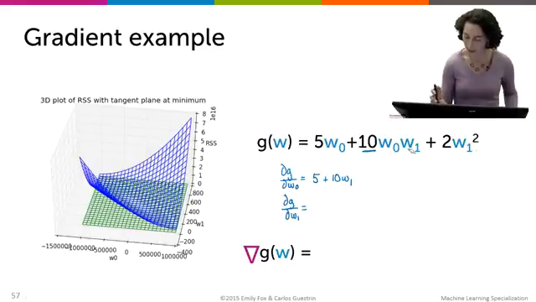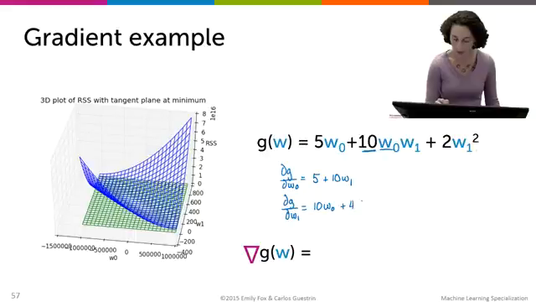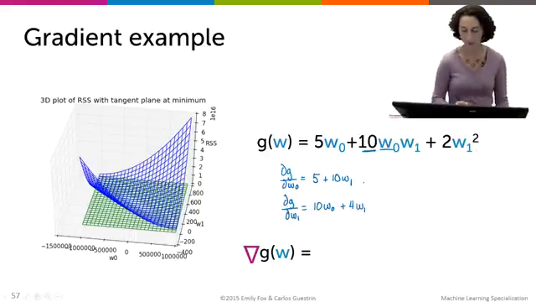For the next term, I end up with these two terms as the coefficient for w1. And then for this last term, using the same derivative properties we talked about before, when I have something to a power, I bring that power down. So I'm going to get 4 w1 raised to the 1 power.